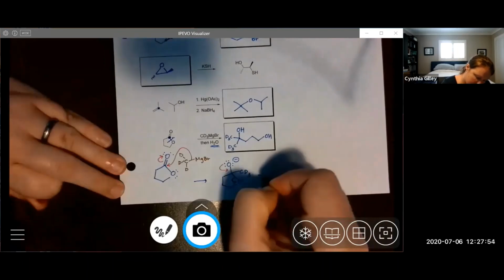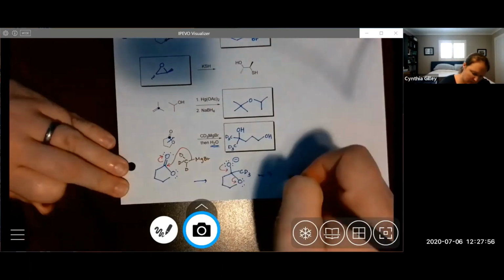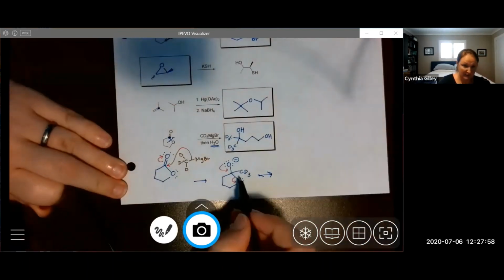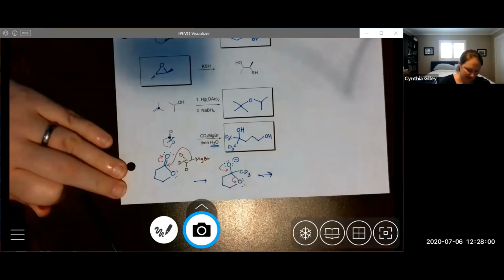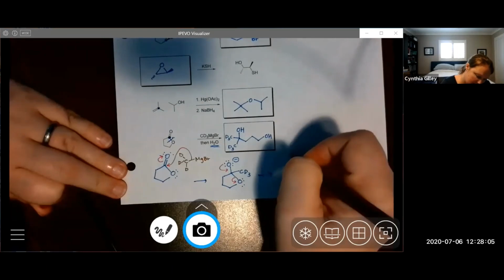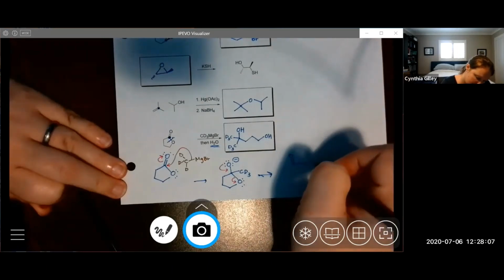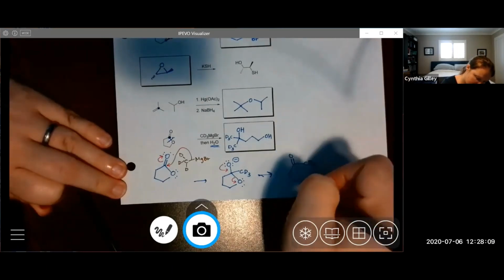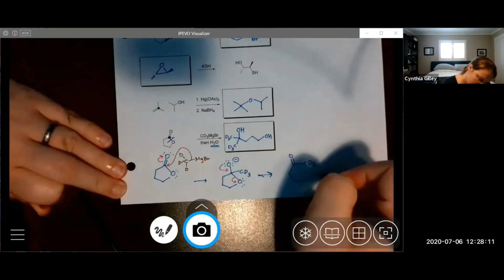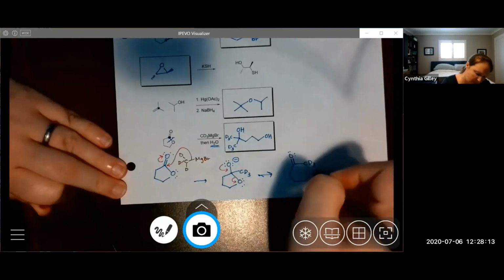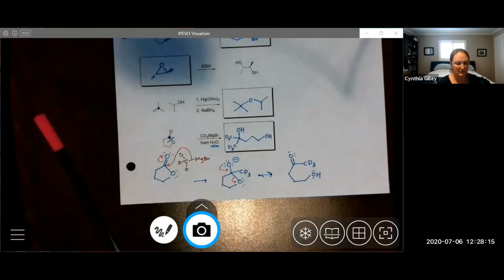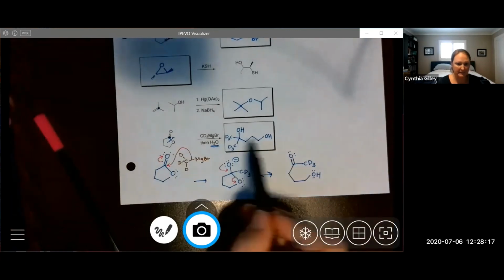And then at this point, this bond is broken, so we're not really at a cyclic structure anymore. You can kind of make it look like a cyclic structure for the time being, or you can kind of make it go drawn out like this.